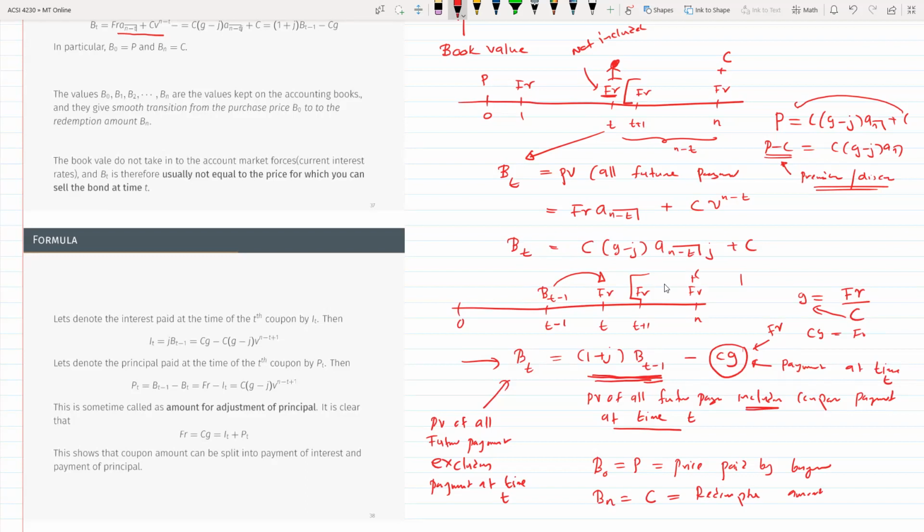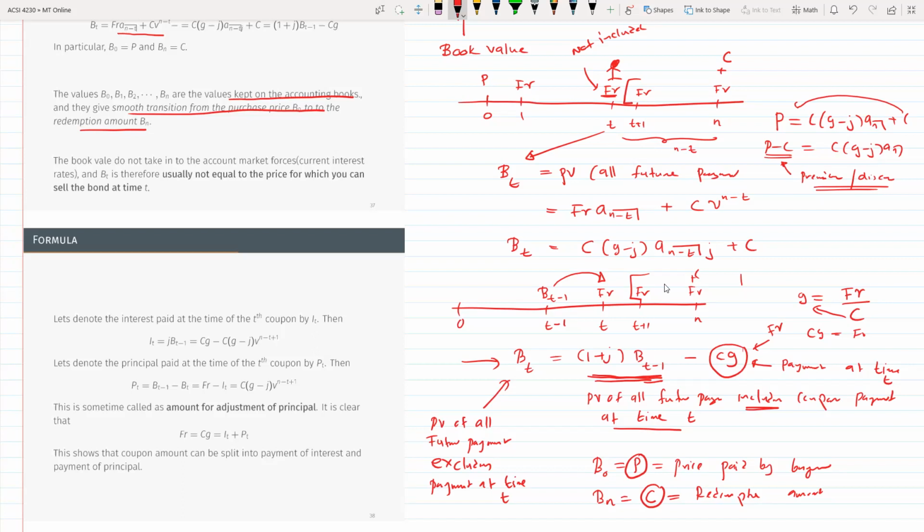The values B_0, B_1, B_2, B_n are the values kept on accounting books. And they give a smooth transition from the purchase price B_0 to the redemption amount B_n. So you start with P and you end up with C, with B_1, B_2 in the middle, all the way up to B_n.